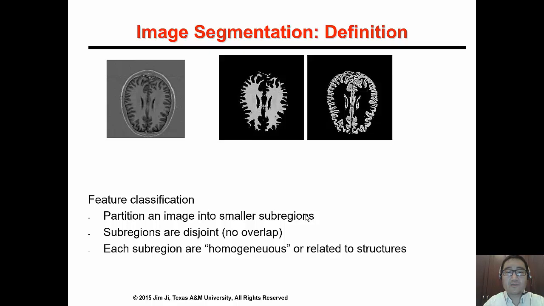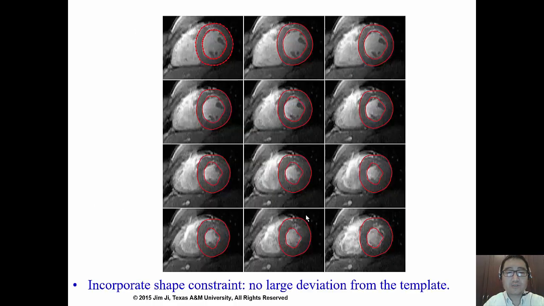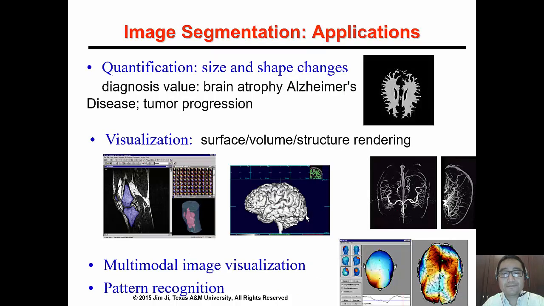Okay, there are different ways you can do segmentation. Sometimes we are just interested in extracting the boundaries of a region. In this case, we're getting the boundaries of the cardiac heart wall. Segmentation has many applications.